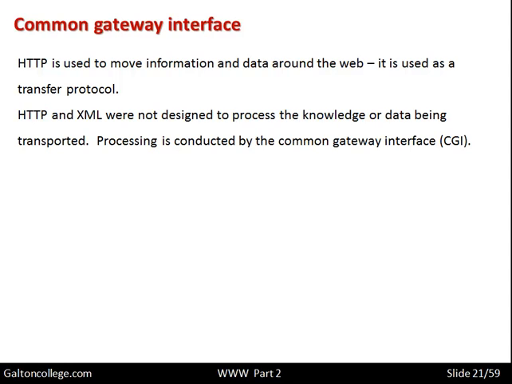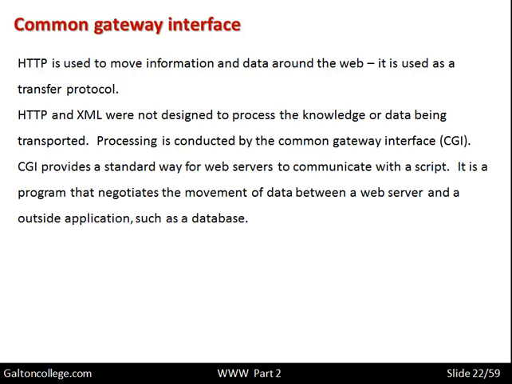It's like the example with the virtual bookstore earlier. It's interrogating its database and sending back information. CGI provides a standard way for web servers to communicate with the script. So it's a protocol. It's a standard way of enabling web servers to communicate with the script.